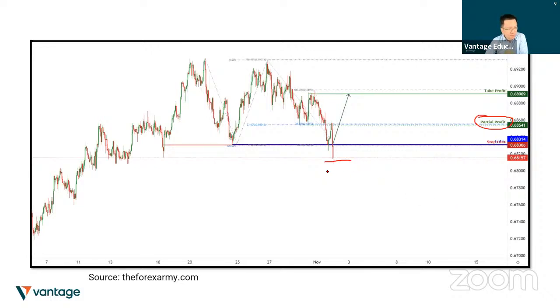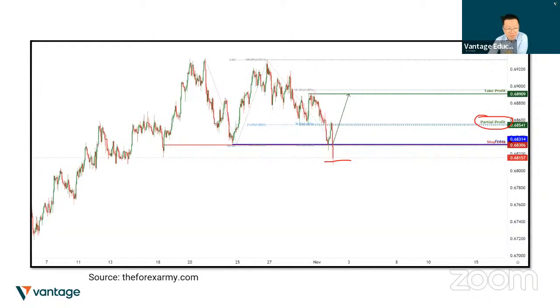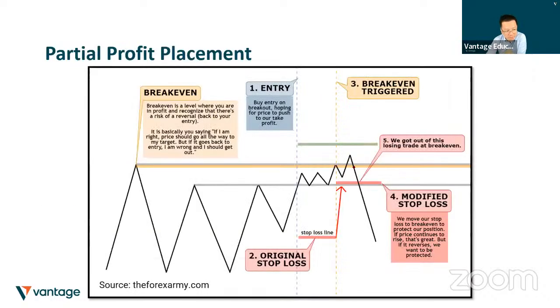Good stuff. Okay, so again, just a quick recap, because I talked about partial profits there. What you're going to consider when you're looking at partial profits is when we start looking at those levels, a possible test.